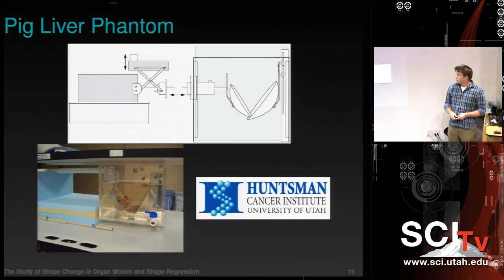So we've also done another phantom study with Huntsman. Martin Zegedy at the hospital has actually developed this phantom, which is very similar to the last phantom, but instead of using a rigid tumor surrogate, or fake tumor, we're going to use an actual excised pig liver. And this is placed into a KH solution bath.